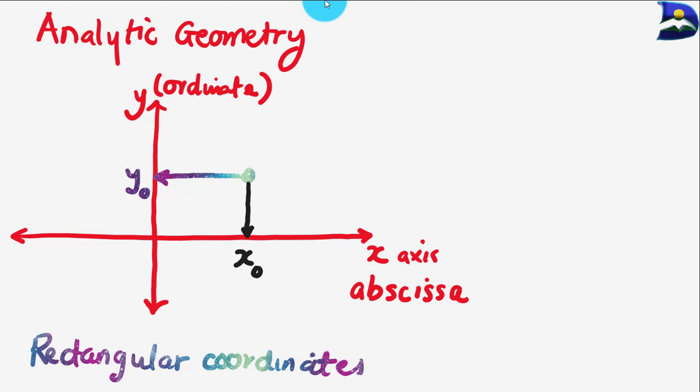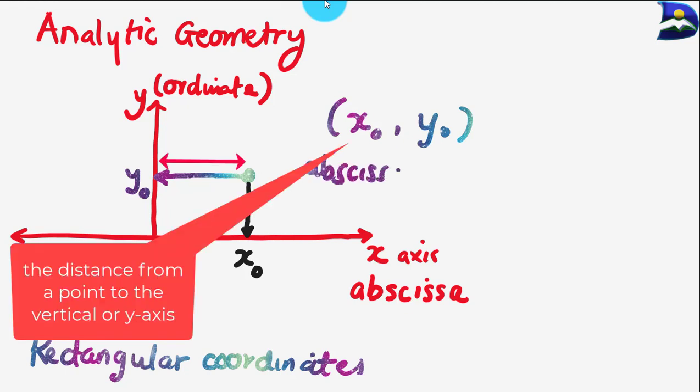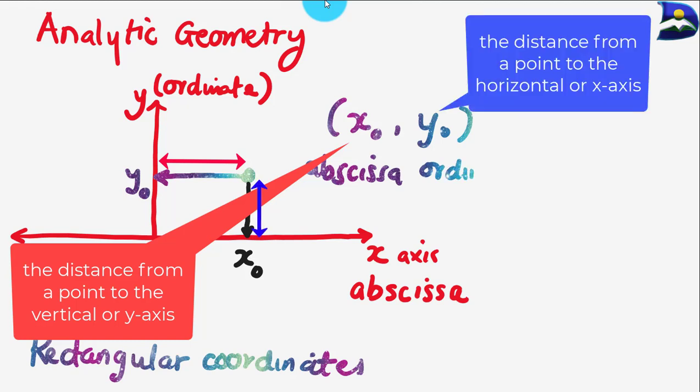So therefore our (x naught, y naught) is a coordinate point, and this x naught is called abscissa and the y is called the ordinate, and this is observed in a standard two-dimensional system.